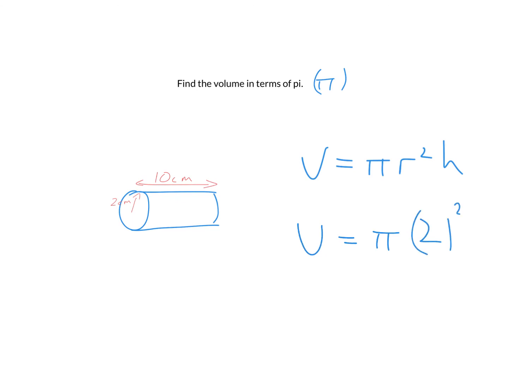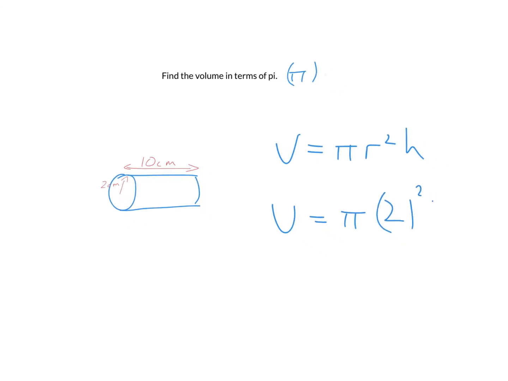So we're going to sub in 2 for the radius and 10 for the height. I just got those readings from the diagram here. The radius is 2 and the height is 10 on the diagram. So we're going to sub them in here. Now volume is going to be equal to pi, and you can sort everything else out in your calculator: 2 squared times by 10.